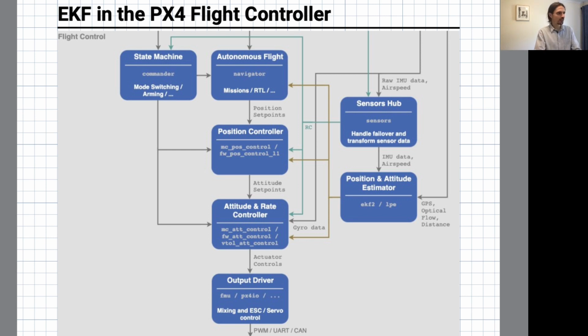And we see here that one of the modules is an extended Kalman filter, right? This one is used to estimate the position and the attitude of the drone given measurements from a variety of sensors. But it's not only used in this context, it is used in many others.